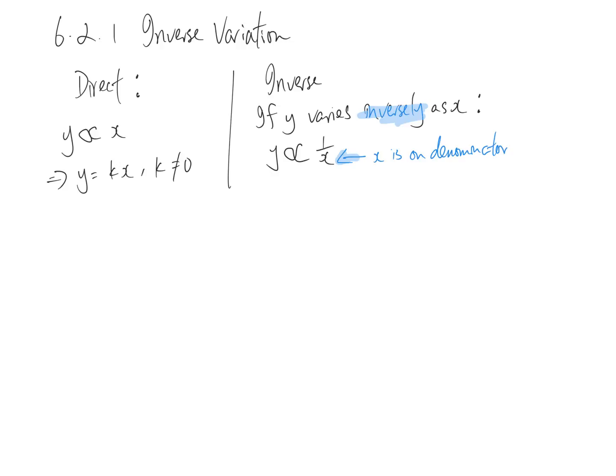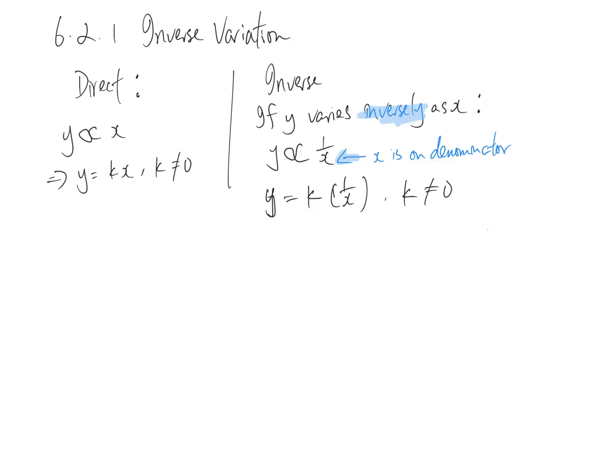Then it is the definition of inverse variation. Therefore, next we can say y equals some unknown k times 1 over x, the inverse of x. Of course, k must not be equal to 0.